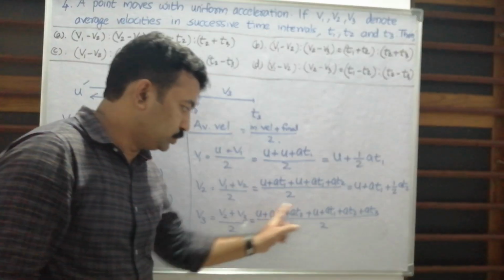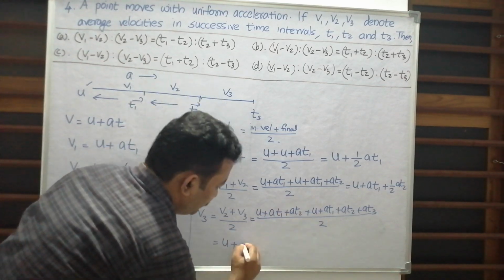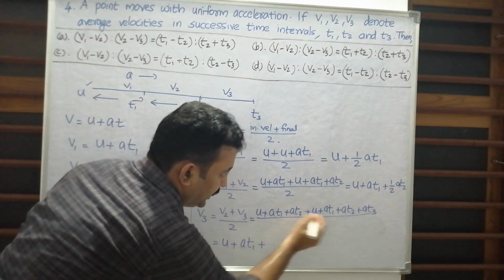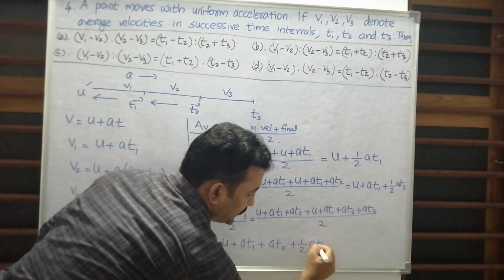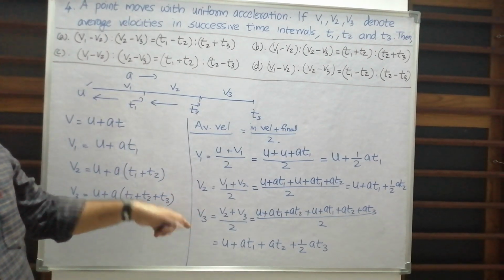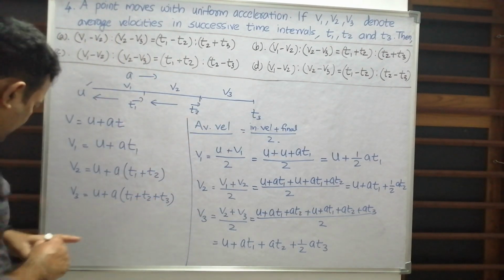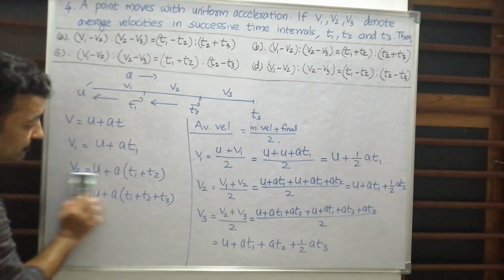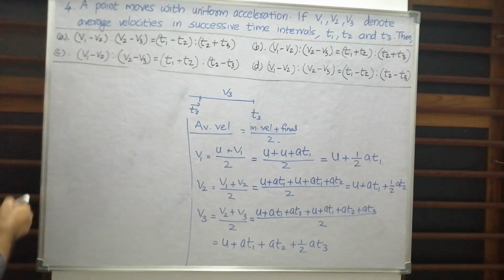Repeating terms are u and u, which will give you only u. at1 will give you at1. at2 will give you at2, plus half at3. We got the three average velocities. Our aim is to find v1 minus v2 and v2 minus v3. Let us try to do that. What is v1 minus v2?